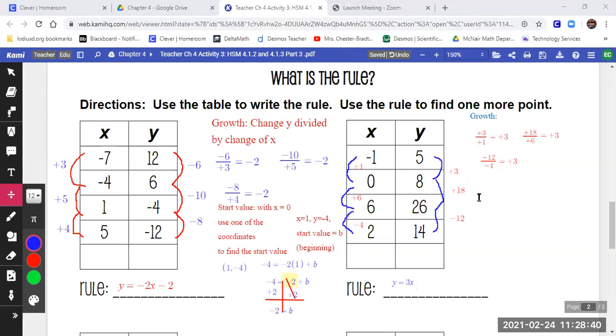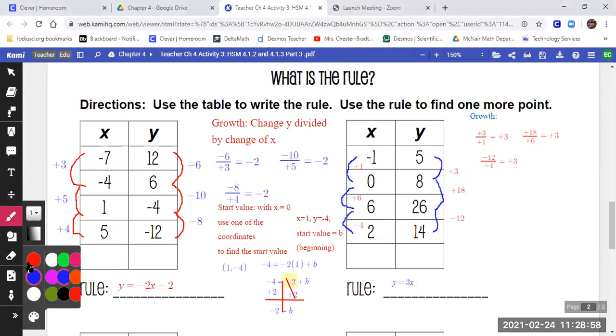Start value is when who is 0? When X is 0. Were they polite? Did they give us that start value? Yes, they did. I'm so happy. They gave us the X equals 0.